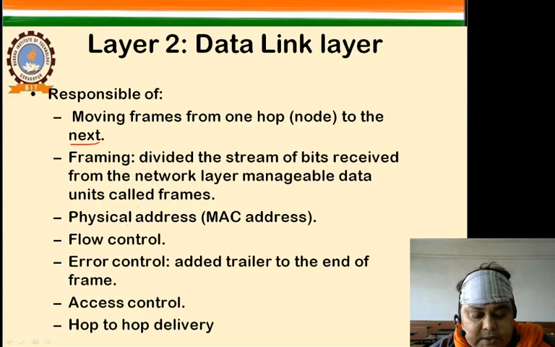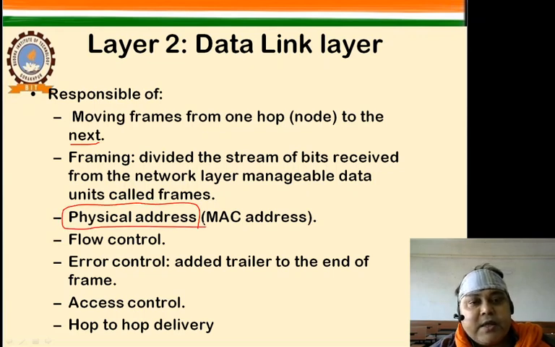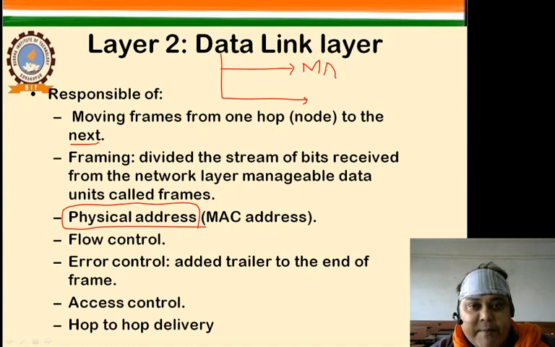And the third one is physical addressing. This is the most important responsibility of the data link layer. The data link layer is actually divided into two layers. The upper layer is known as the MAC layer, so students should know about the upper layer, and the lower layer is known as the LLC.